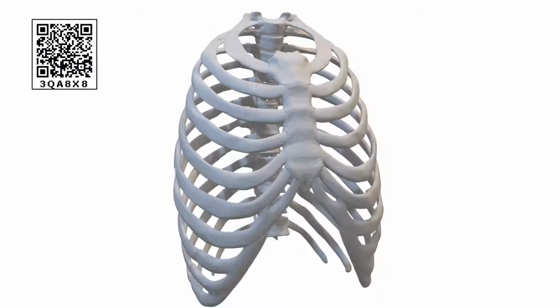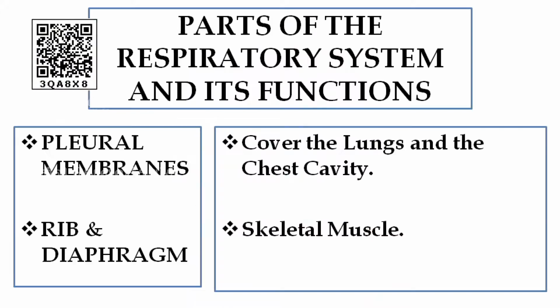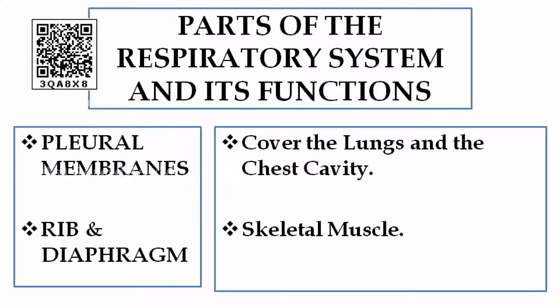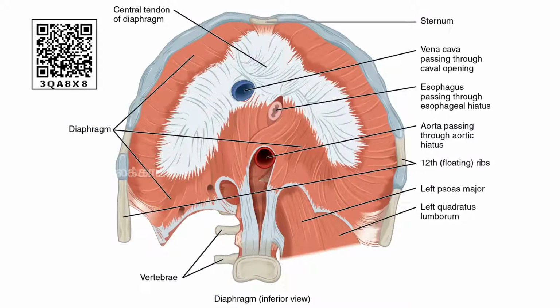Now there are pleural membranes which cover the lungs and the chest cavity. It protects the lungs. Next, the ribs are skeletal and the diaphragm is a muscle, and the diaphragm is the largest muscle in our body.